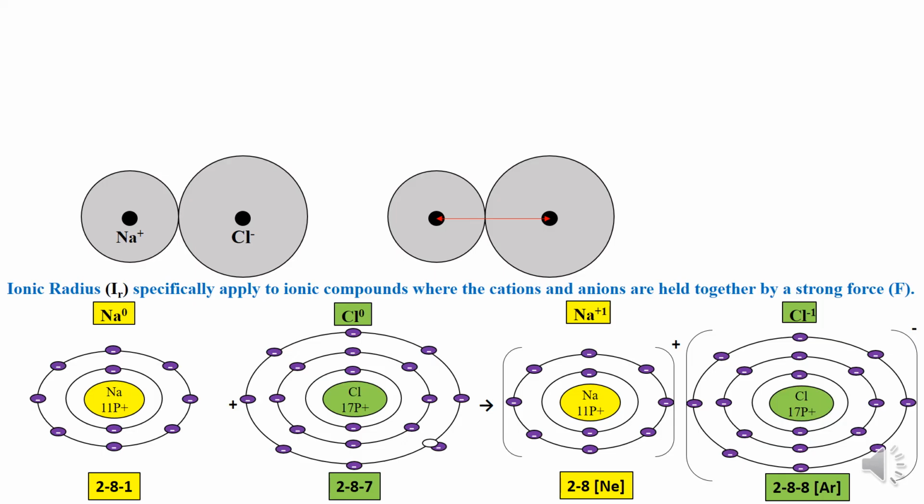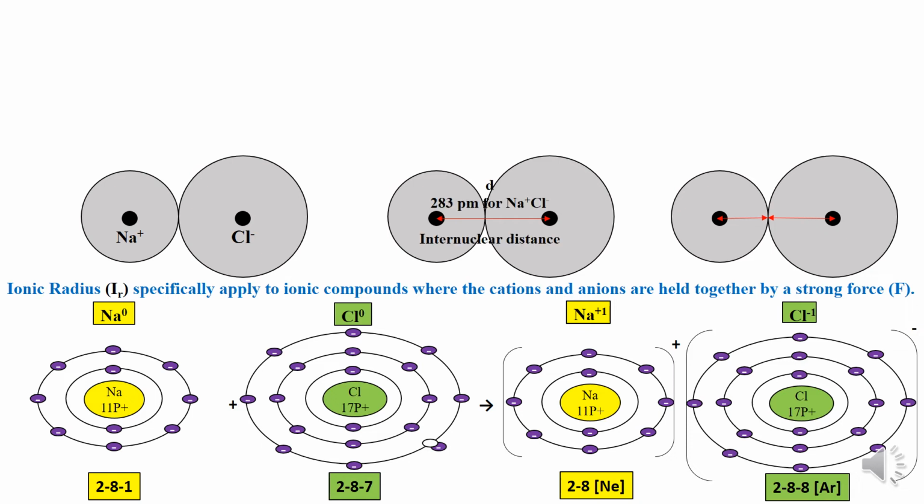First you have to calculate or measure the internuclear distance, and after that, you have to measure the ionic radii of the cation separately and the ionic radii of the anion separately.